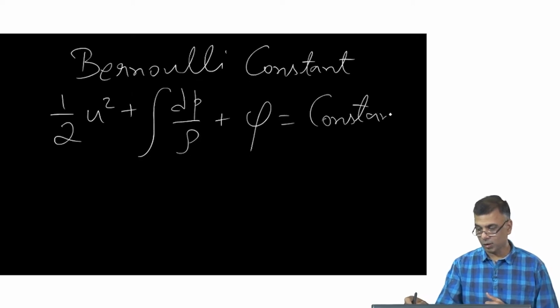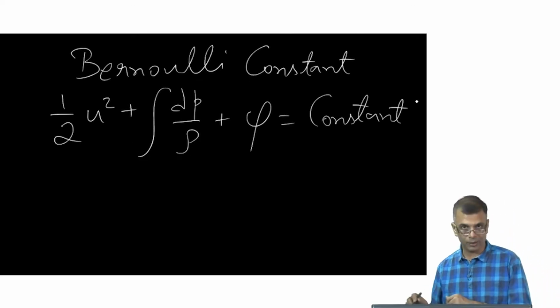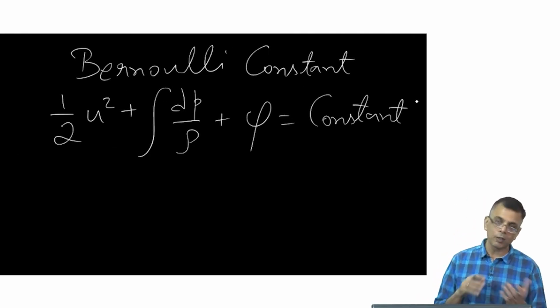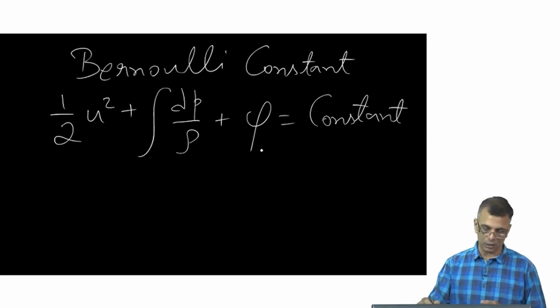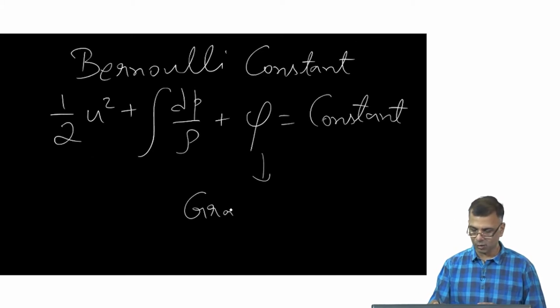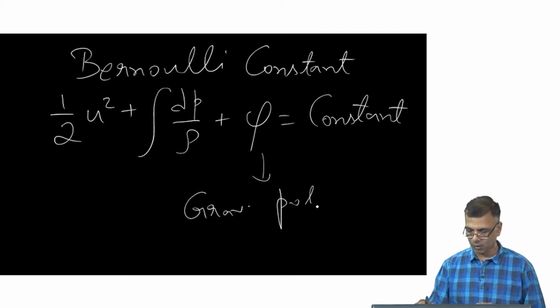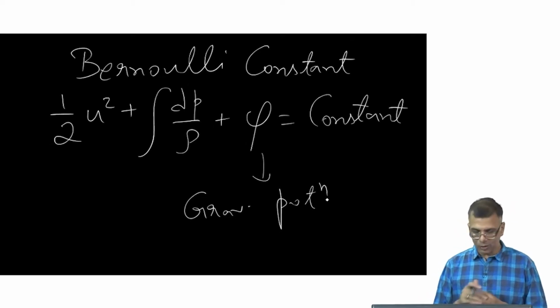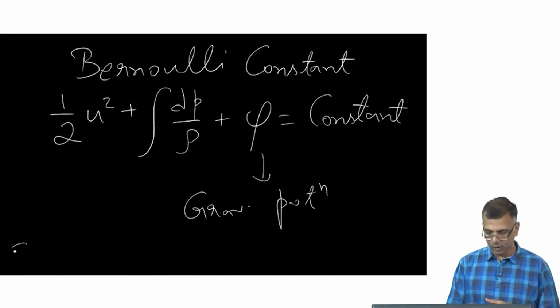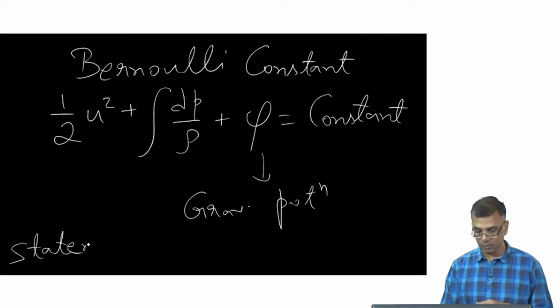This is true, however, only for a streamline, and it's true for irrotational inviscid flow, right? And this is not the velocity potential, this is the gravitational potential. Please keep this in mind. This is also a statement of energy conservation along a streamline.